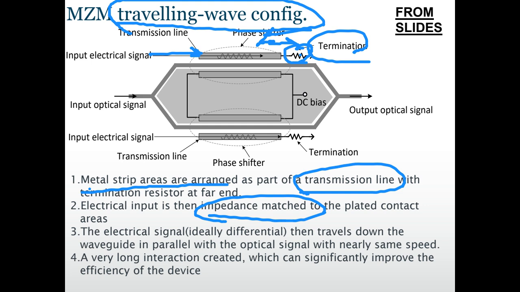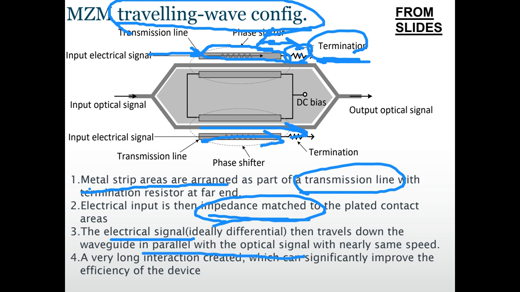For simplicity, you can just call it termination, and you can just say it's impedance matched to the transmission line, so that the signal wouldn't reflect back. This means we want the electrical signal to travel in the same direction as the optical signal, in parallel with it. So this would create a long interaction period.